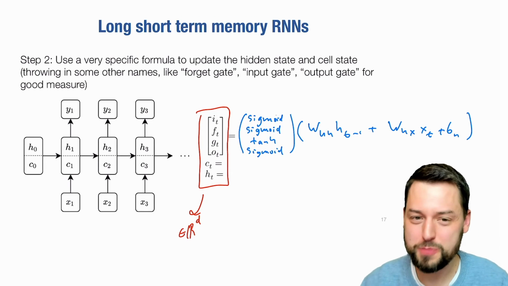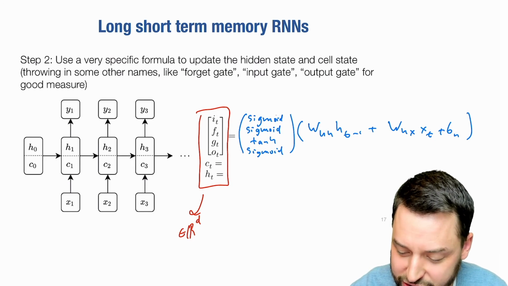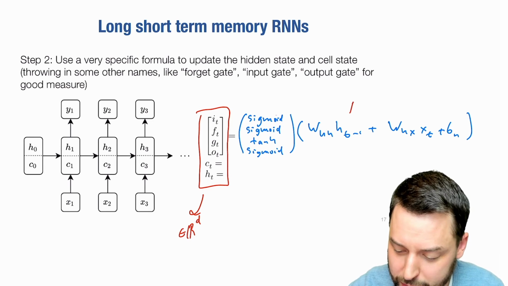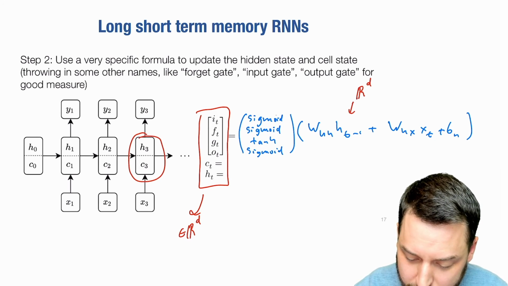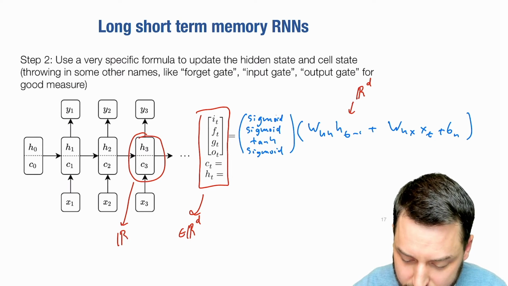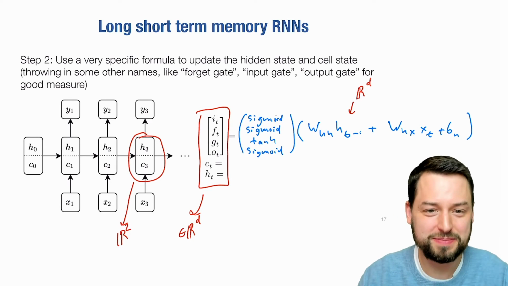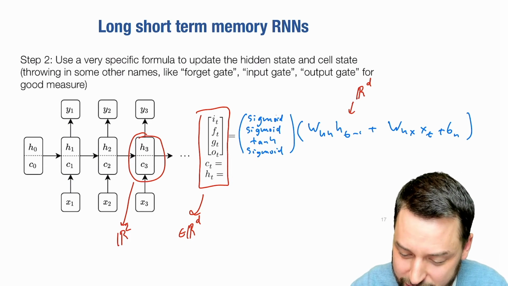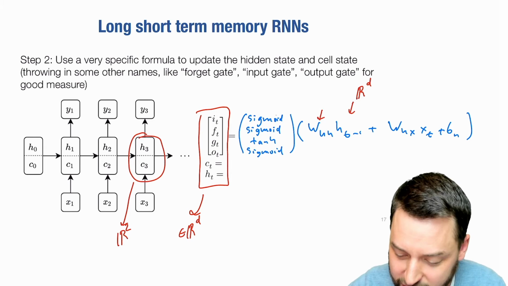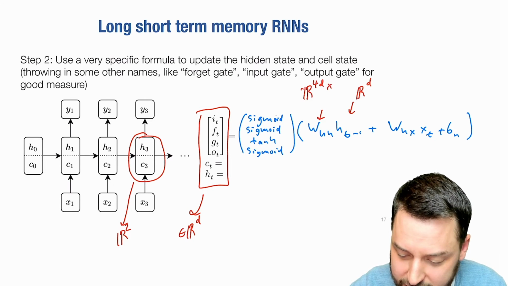Okay? The important thing to keep in mind here is to understand what I'm doing. h_t here would be a vector in R^d. That means, by the way, the total hidden state size here would be 2 times d dimensional. And so this matrix here, W_hh, would be in R^(4d x d), right?